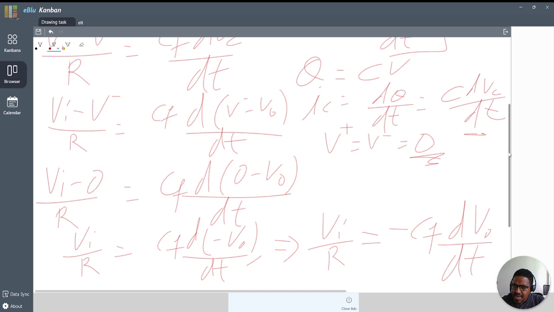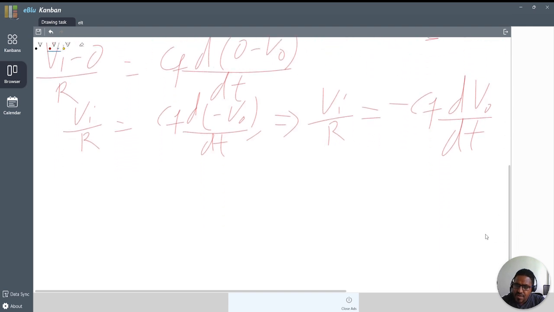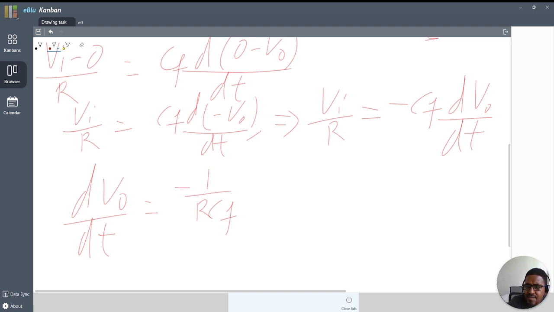Now we simplify dV out over dt. It equals 1 over minus C F multiplied by V in over R. This becomes negative 1 over R C F times V in of t.